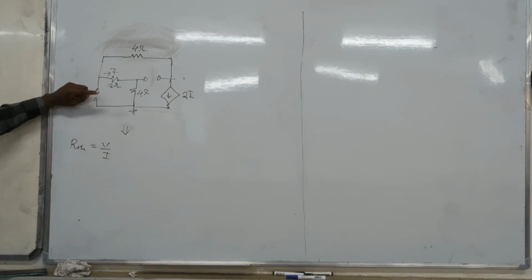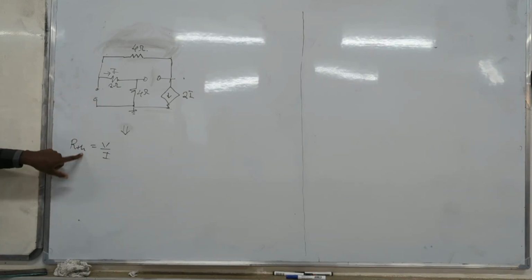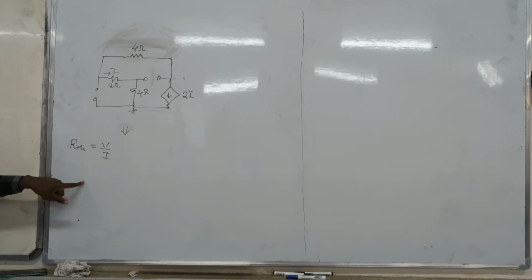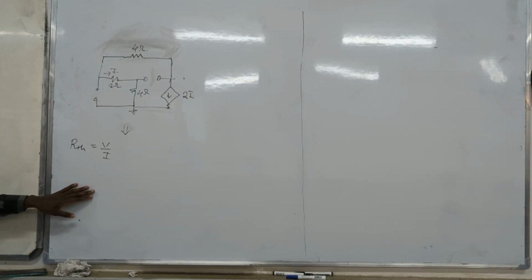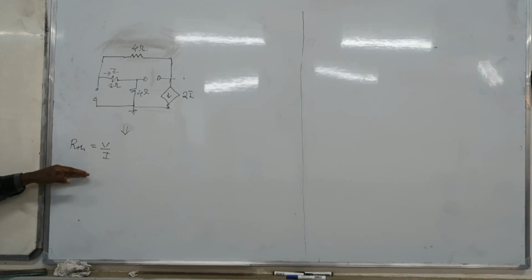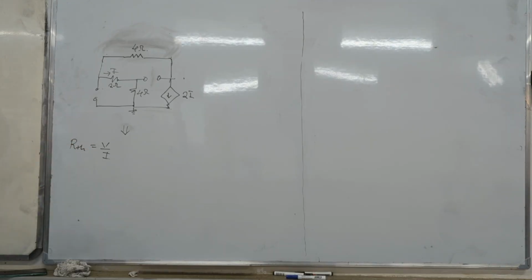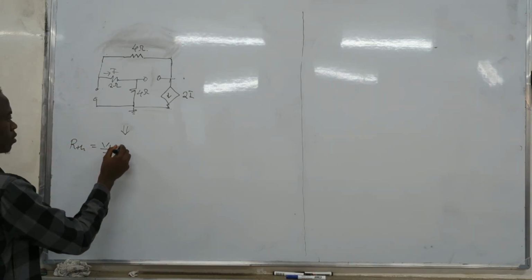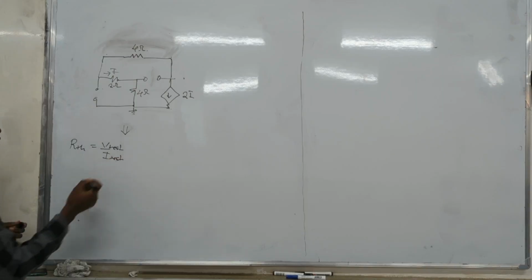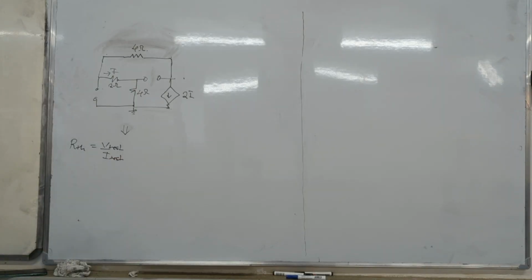But for this one, it has a dependent source. So you have to do this step. In the previous one, it's implied. But in this one, you have to do it. So when there's a dependent source, use V test and I test, because that's what resistance is. Resistance is voltage over current.